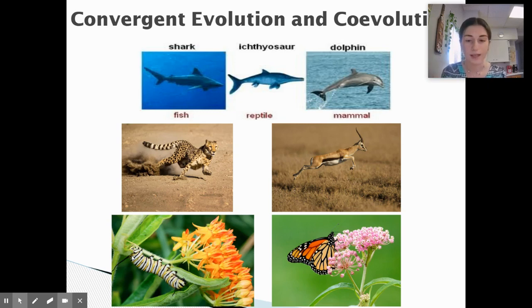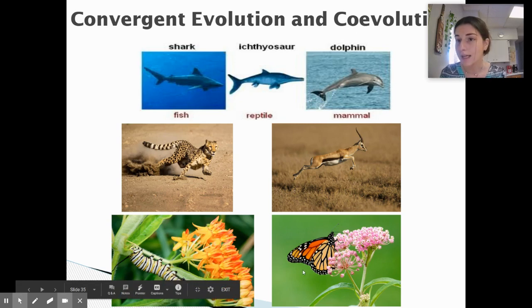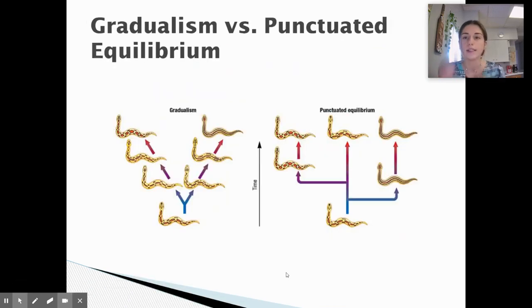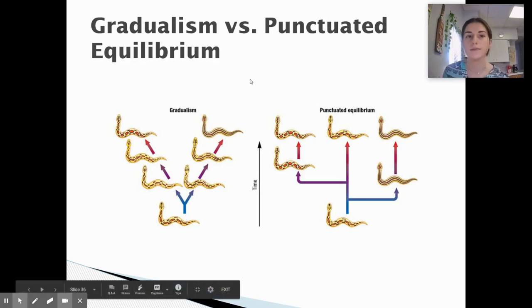What this results in is that the monarch butterfly is actually poisonous for birds to eat. If a bird ate this monarch butterfly, it would die. So that actually helps protect the monarch butterfly. That's pretty awesome. Alrighty, then we have examples of gradualism versus punctuated equilibrium.